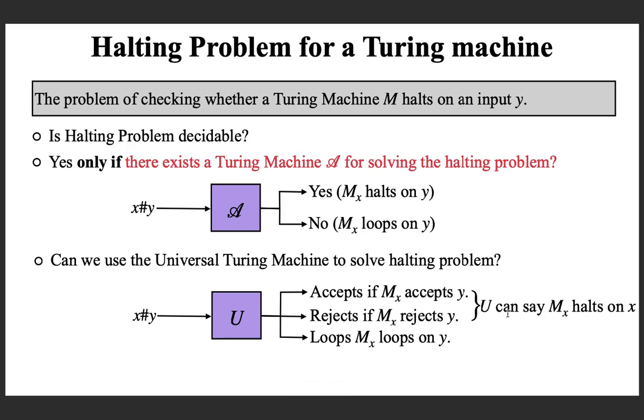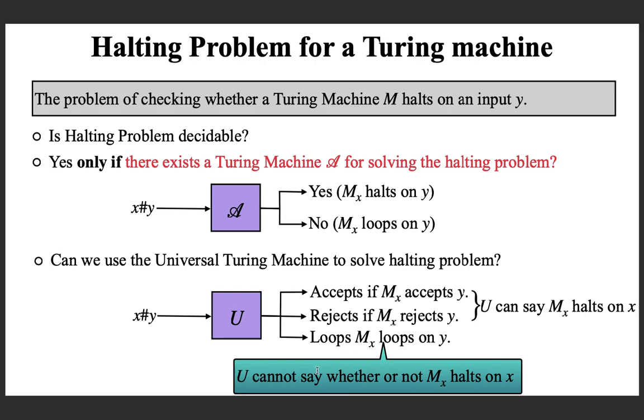So in the first two cases, the universal Turing machine can say MX halts on Y, because if it either rejects Y or accepts Y, you can say that MX is halting on Y. But in the third case, the universal Turing machine cannot say whether or not MX halts on Y, because maybe MX is processing by utilizing the infinitely many cells on the tape, moving all the way to the right, left, etc. It cannot just finish after a finite amount of time by guessing that the machine is looping.